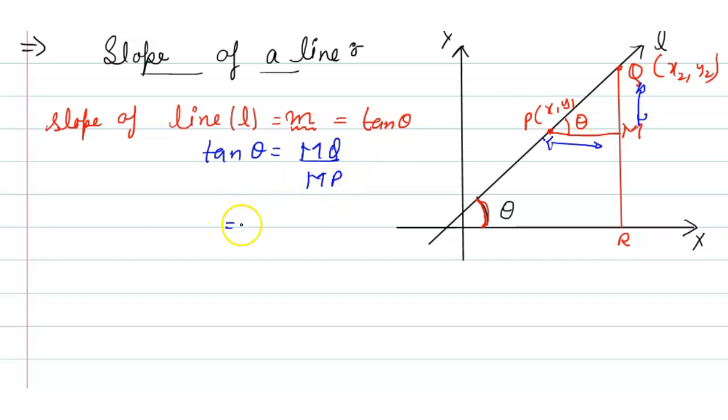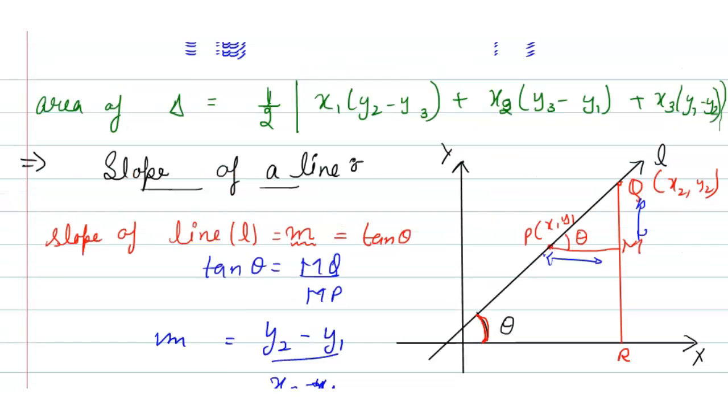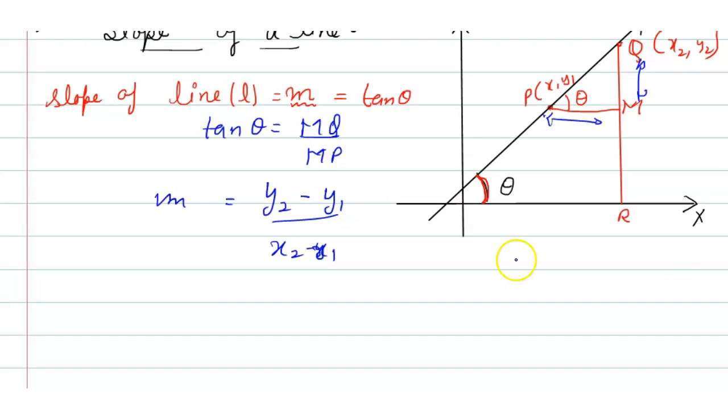So we will write y2 minus y1 upon x2 minus x1. So the given slope is equal to y2 minus y1 upon x2 minus x1. Now this is case 1, if the slope angle is an acute angle.